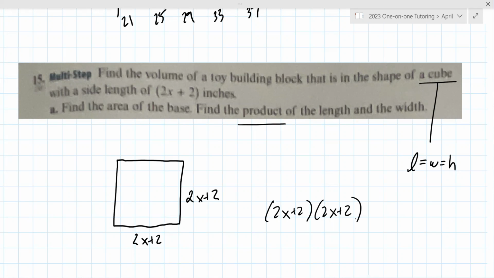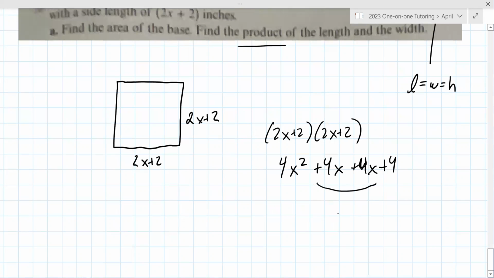So 4x squared plus 4x plus 4x plus 4. Say that one more time. 4x squared plus 4x plus 4x plus 4. Good. The last little piece here is to combine like terms. 4x squared plus 8x plus 4.